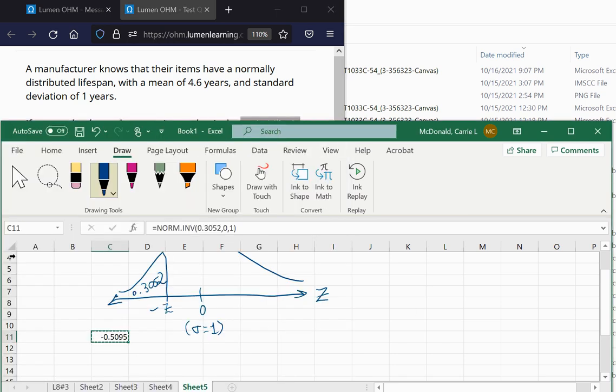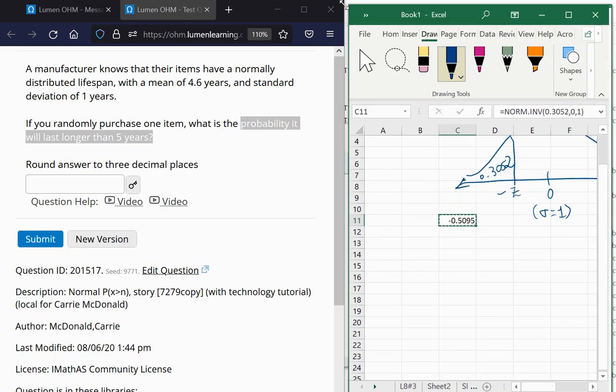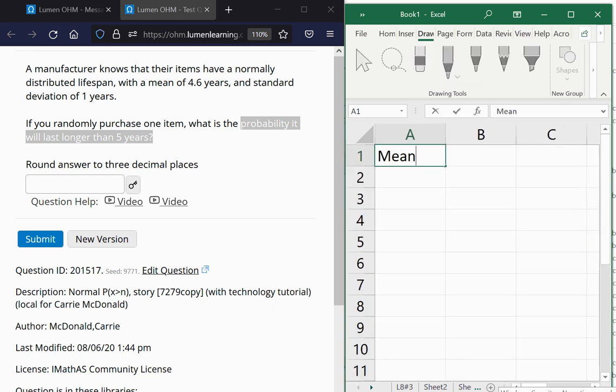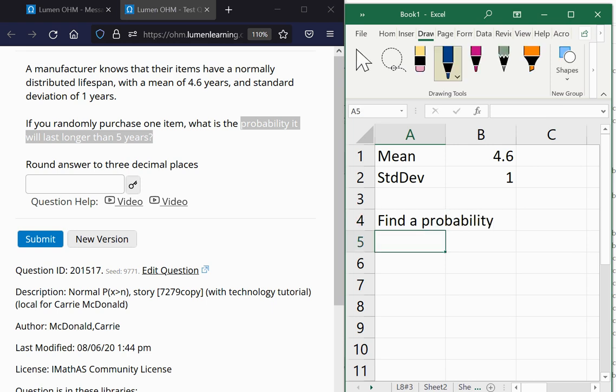All right, so we've been given the mean of 4.6 years, standard deviation of 1 year, and we want to find a probability, which means find an area, which means use norm.dist.